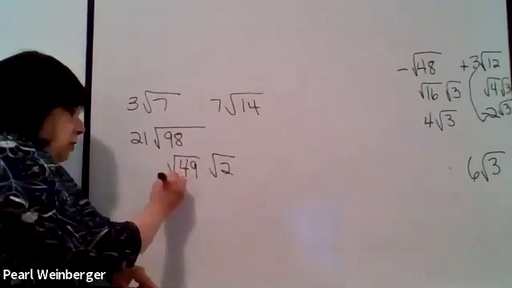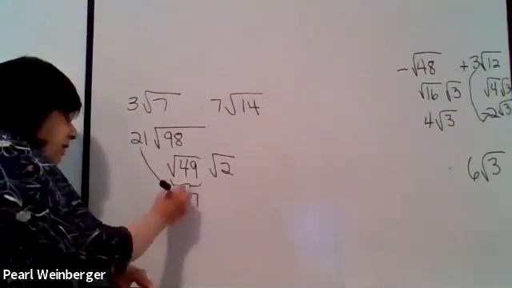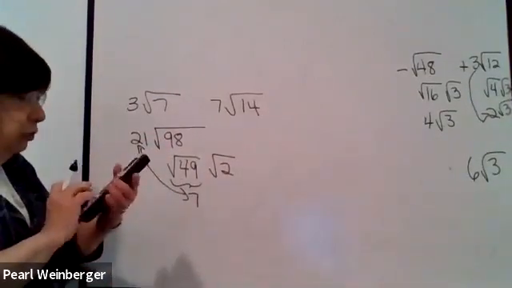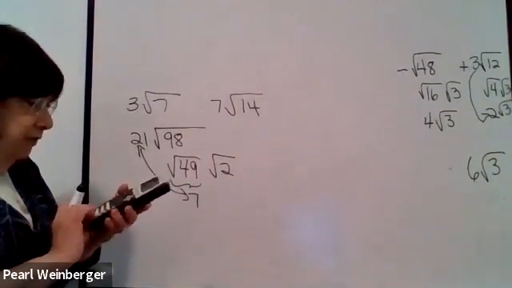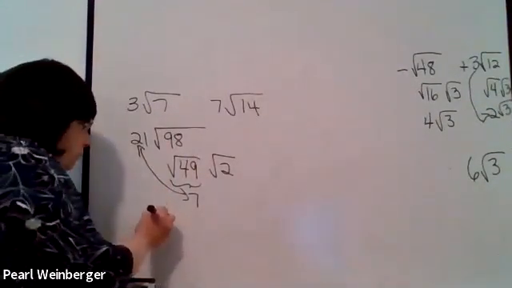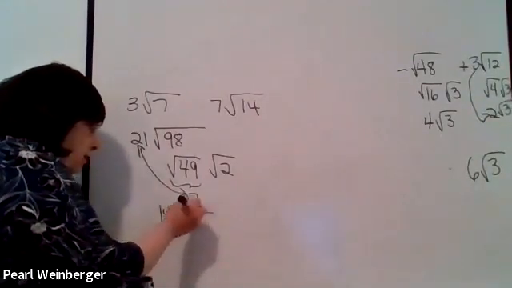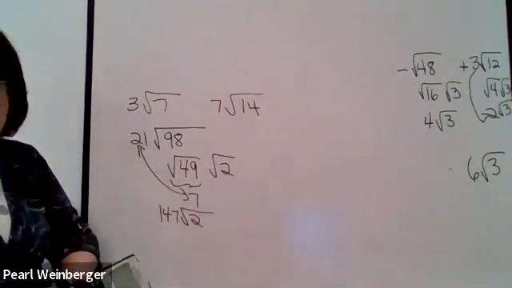The square root of 49 is 7. I have to take that 7 and multiply it by the 21. I'm going to do that on my calculator. 21 times 7 gives me 147. So my final answer becomes 147 radical 2.